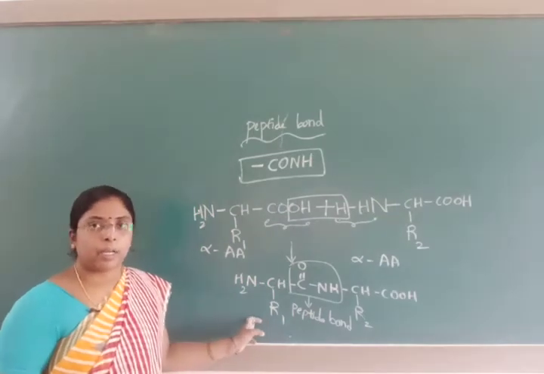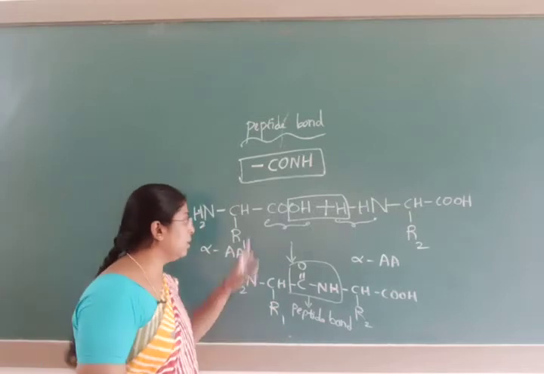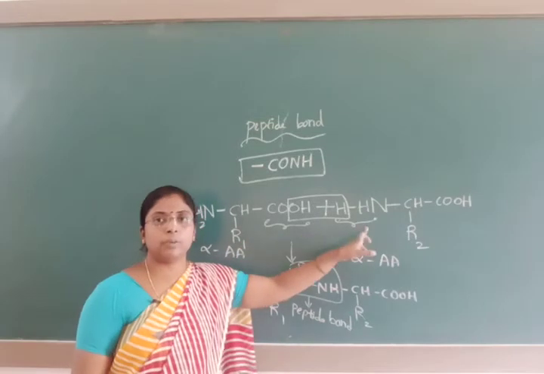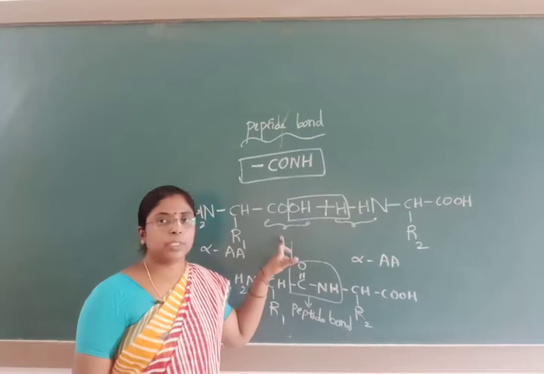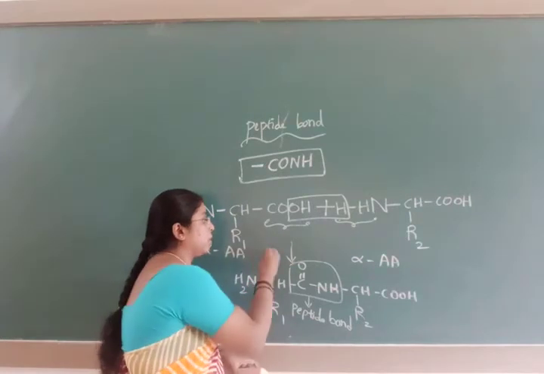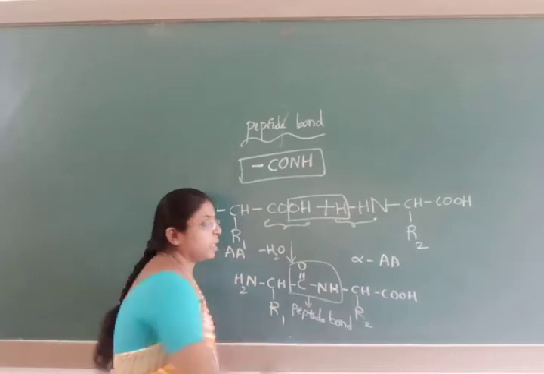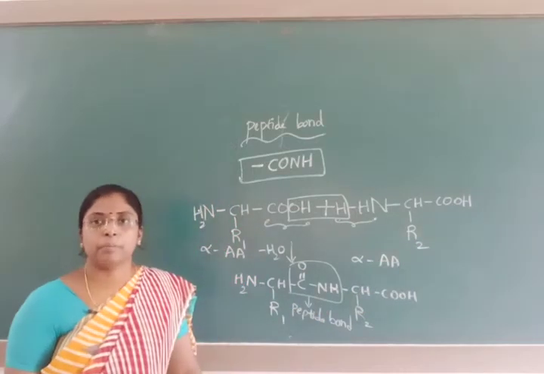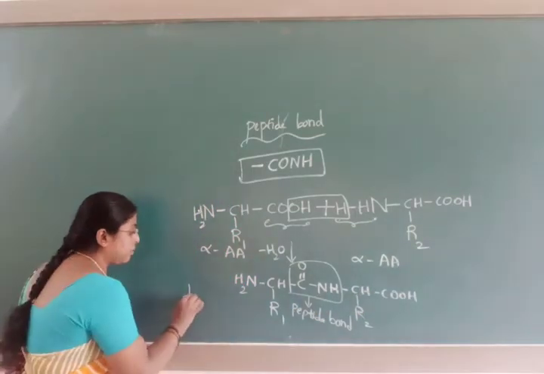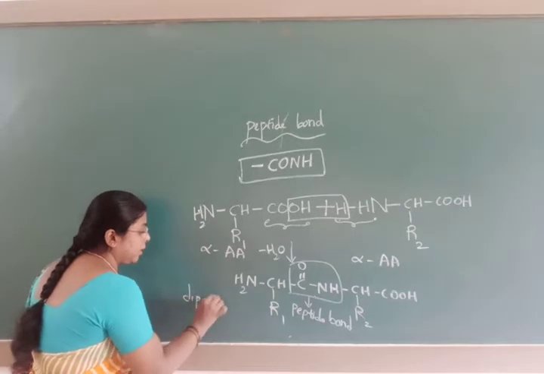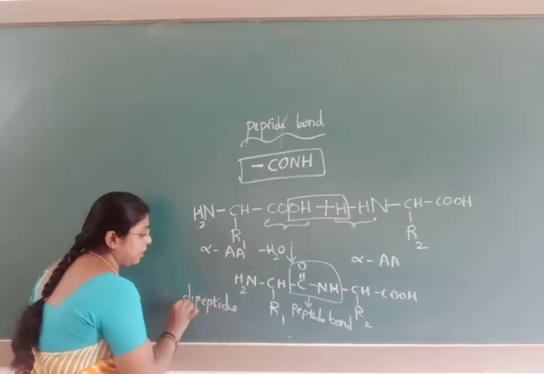Here peptides are formed by the reaction of amino acids with the elimination of a water molecule. When two amino acids react, the obtained peptide is known as a dipeptide. Di indicates two amino acids.